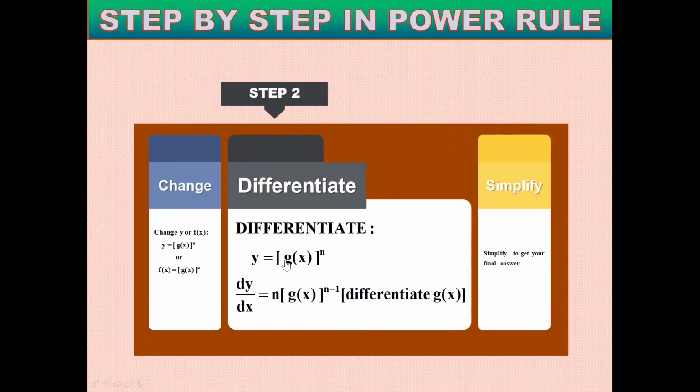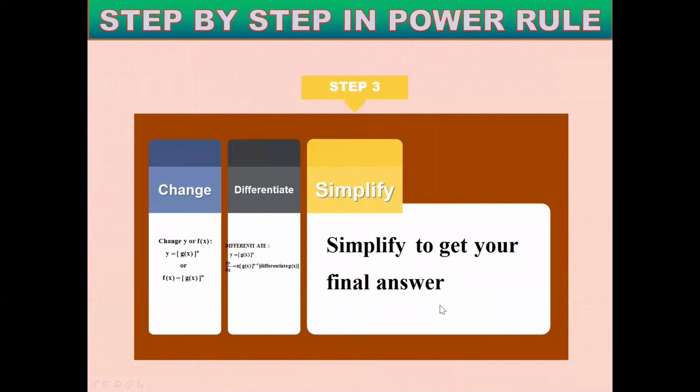So following the formula that we had just now, bring down the index, okay, bring down the power to the front, and then whatever the function inside the bracket, copy it again, then the index minus 1, and differentiate your g(x) or the function and write it inside the brackets. Okay, lastly, you simplify. Okay, 3 easy steps.